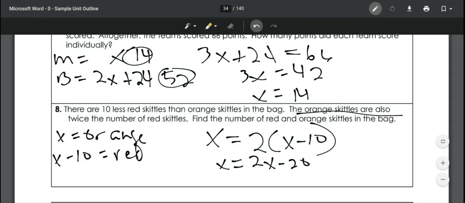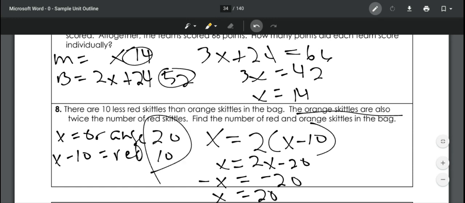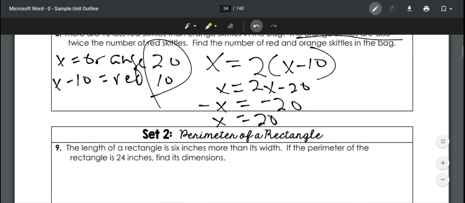And then we're going to minus 2x on each side. So that gives us negative x equals negative 20. And then we have x equals 20 because we're going to divide by negative 1 on each side. So that would be 20 orange and then minus 10, so 10 red. Make sure you're practicing these on your homework.